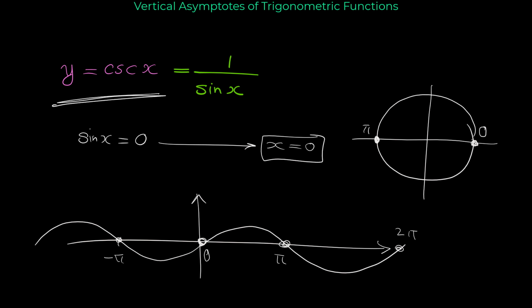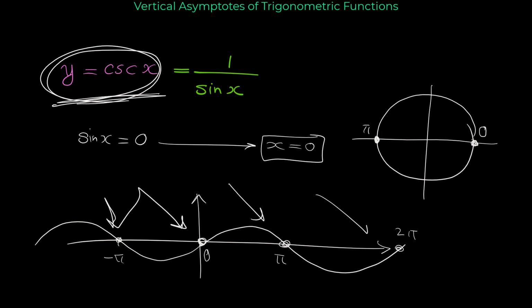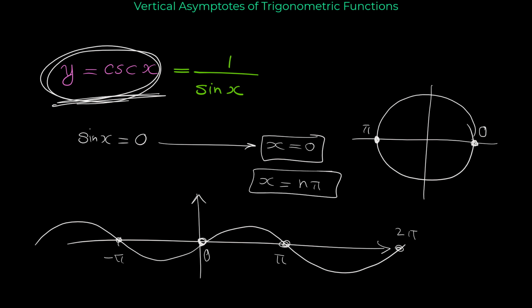But if we want to write all the vertical asymptotes of this function, we have to consider all of these points. And the answer would be x equals n pi. Why did I write the answer in this form?